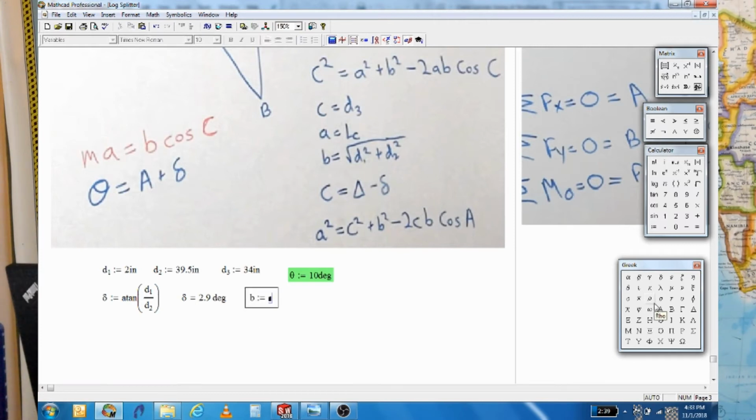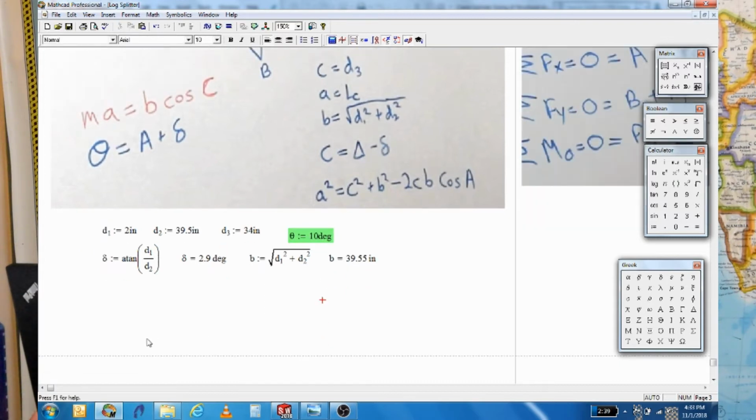And then b, it's going to be slightly more than d2, just because d1 is so small. And it is, look at that.